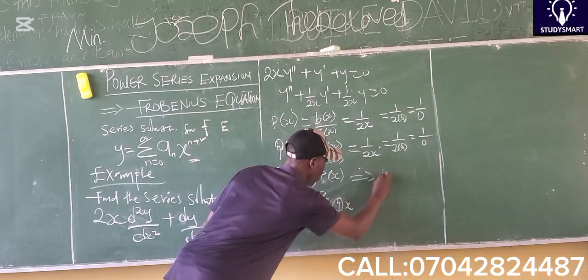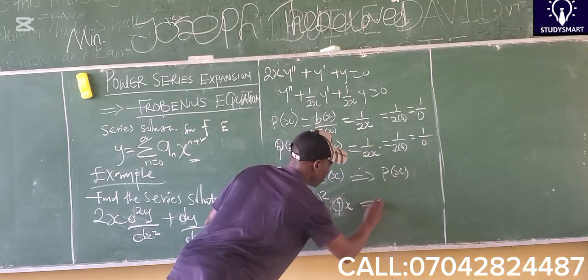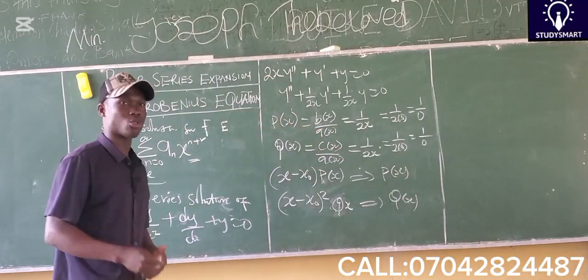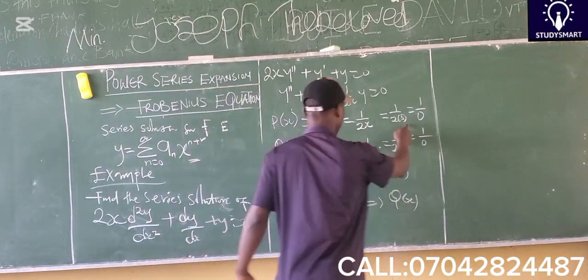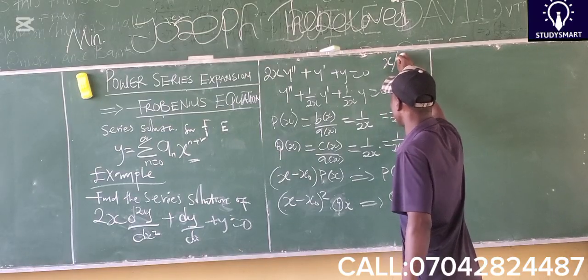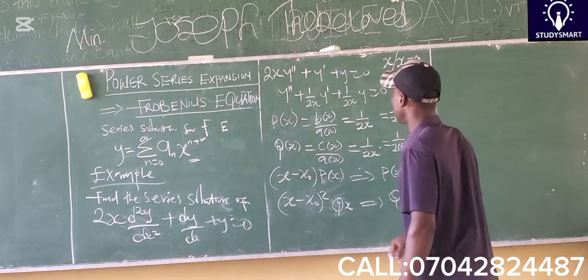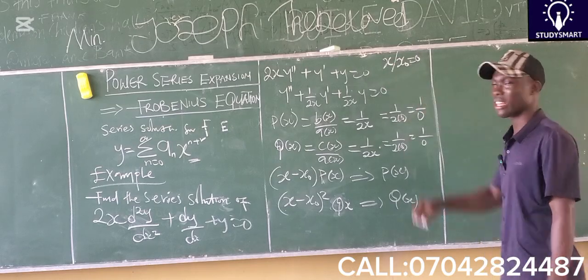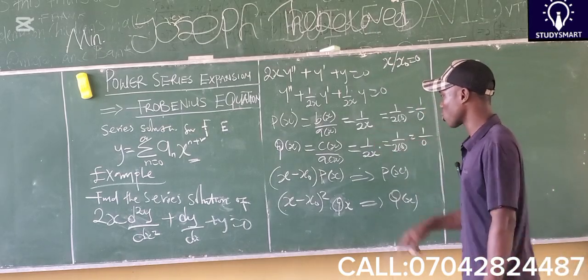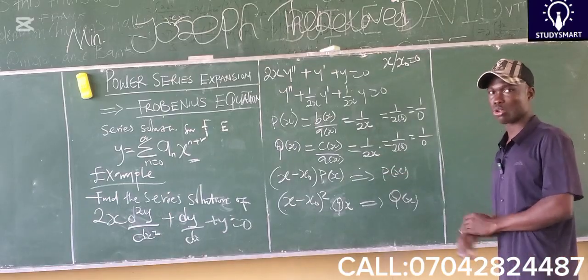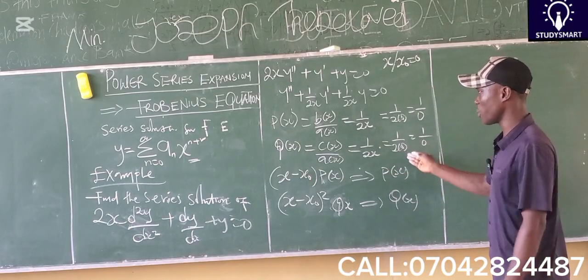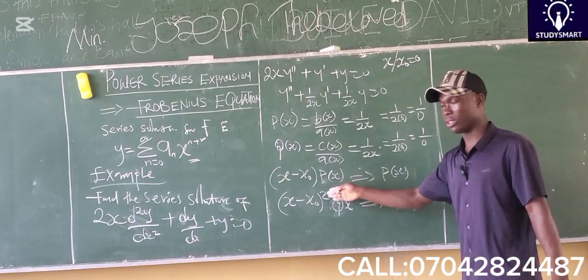This becomes for p of x, and this becomes for q of x. At my x equal to 0, because I substituted x, let us take x naught equal to 0. It means that this point here should be x naught, and this point here should be x naught. So if I substitute x naught equal to 0, I'm going to have this. Because I said we are not going to be working with this, we'll be working with this.